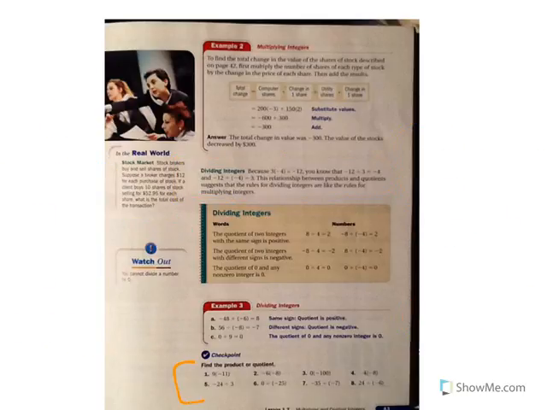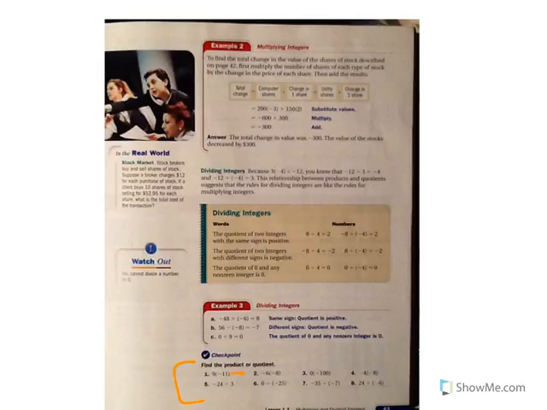For these problems, I'm just going to go over them quickly. Really, the main thing is whether it's positive or negative, because I'm confident you'll be able to do the actual multiplication or division. For this first problem, 9 times negative 11, that's going to be a negative answer because it's positive times negative.